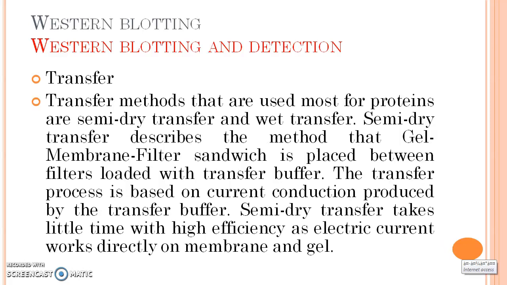Transfer methods that are used most for proteins are semi-dry transfer and wet transfer. Semi-dry transfer describes the method where the gel membrane filter sandwich is placed between filters loaded with transfer buffer. The transfer process is based on current conduction produced by the transfer buffer. Semi-dry transfer takes little time with high efficacy as electric current works directly on membrane and gel.